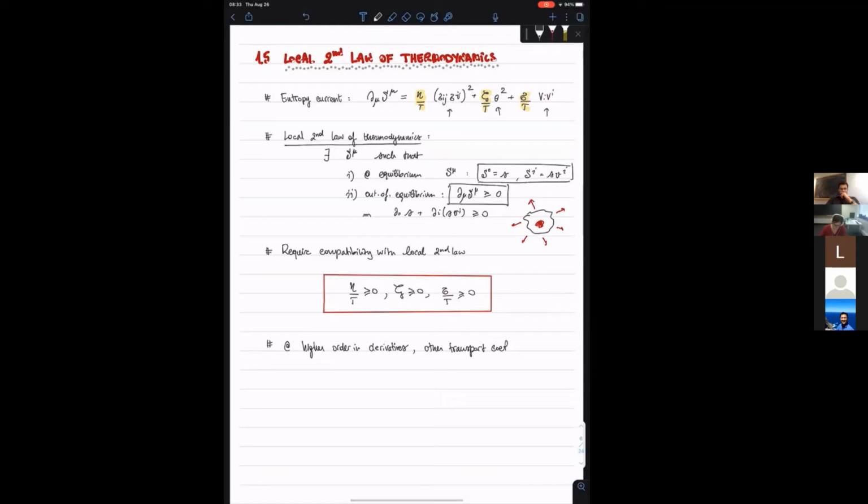The constraint coming from the second law will imply that certain coefficients are going to be equal to zero. So the upshot is that compatibility with the second law of thermodynamics will restrict the amount of possible transport. And you have to require that motion is compatible with this second law of thermodynamics.